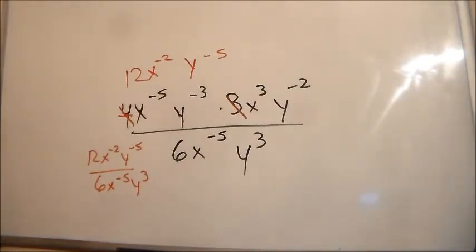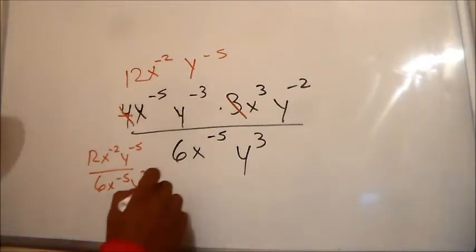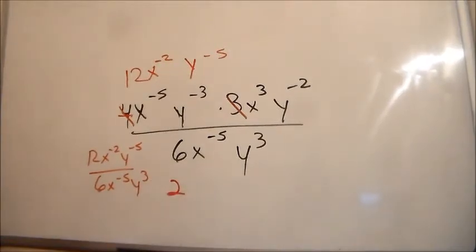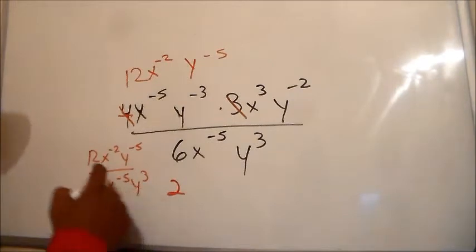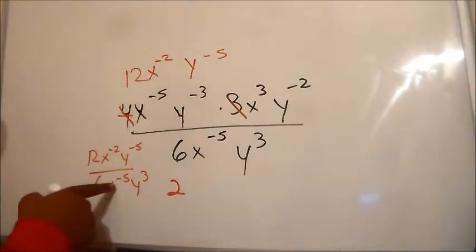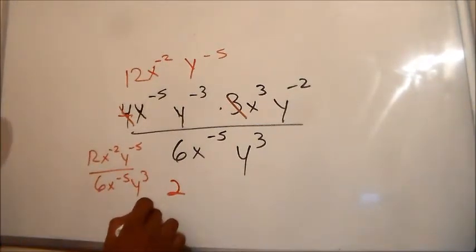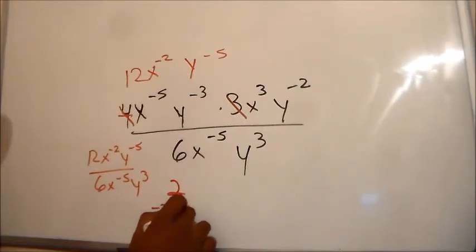So that's going to have to change. First of all, we're going to divide, which is going to give us a 2. And then we're going to have our quotient rule. Negative 2 minus 5. So it'll be negative 2 minus negative 5, which is going to distribute and become positive 5.